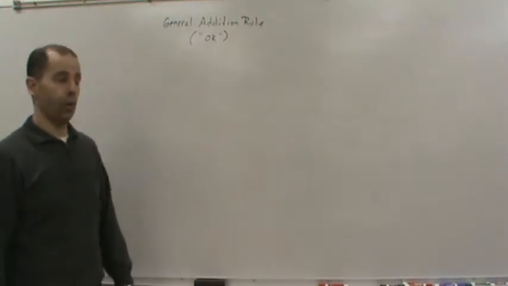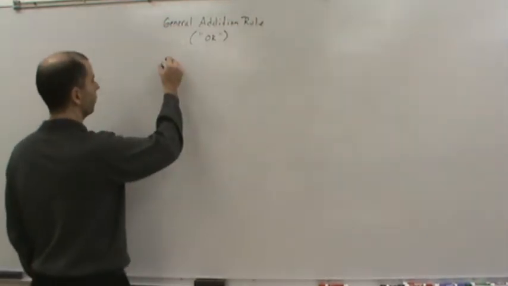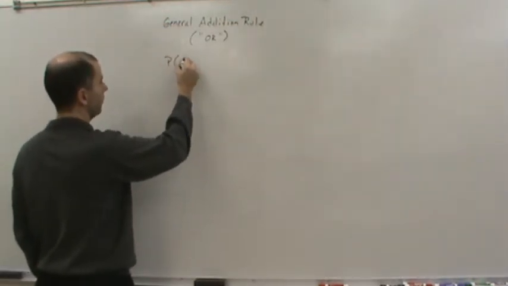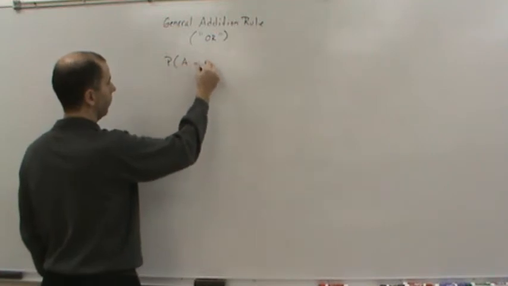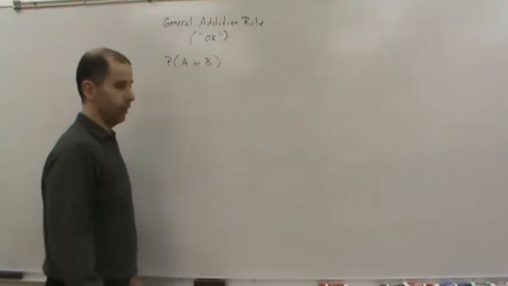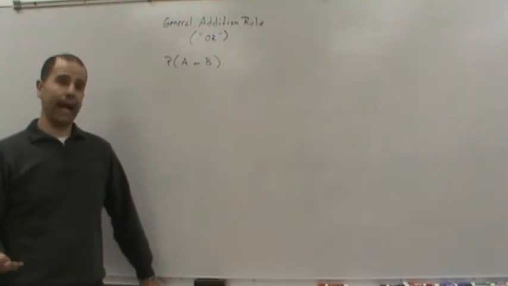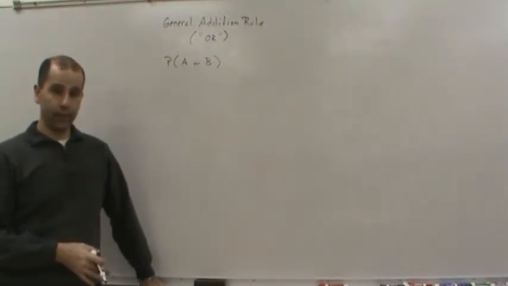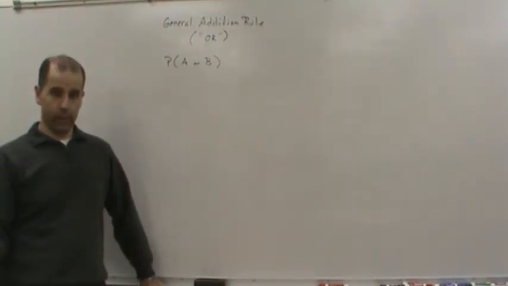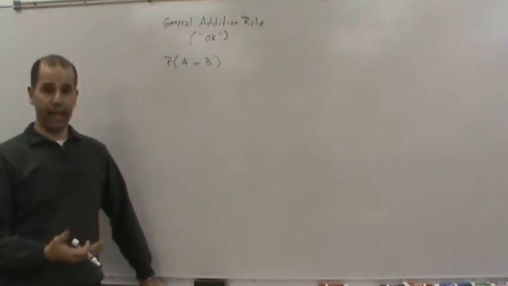In this situation, we're looking at the probability of A or B, so either A happening or B happening or both. So this includes the and.